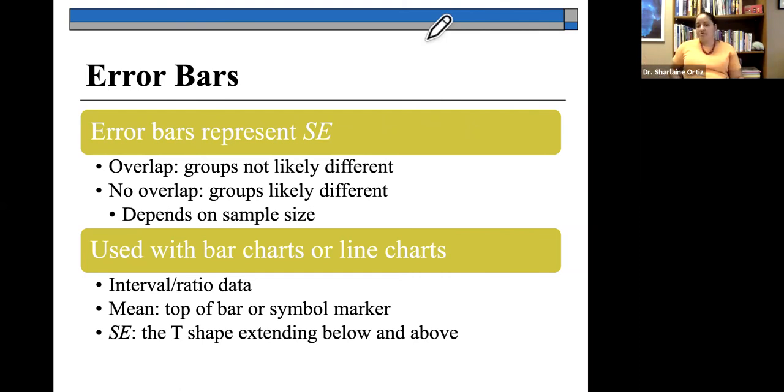If there's no overlap, we can conclude that the groups are likely different. Keep in mind that these differences depend immensely on the sample size. The greater the sample size, the more representative a sample of this population we gather, so generally that will reduce the error.